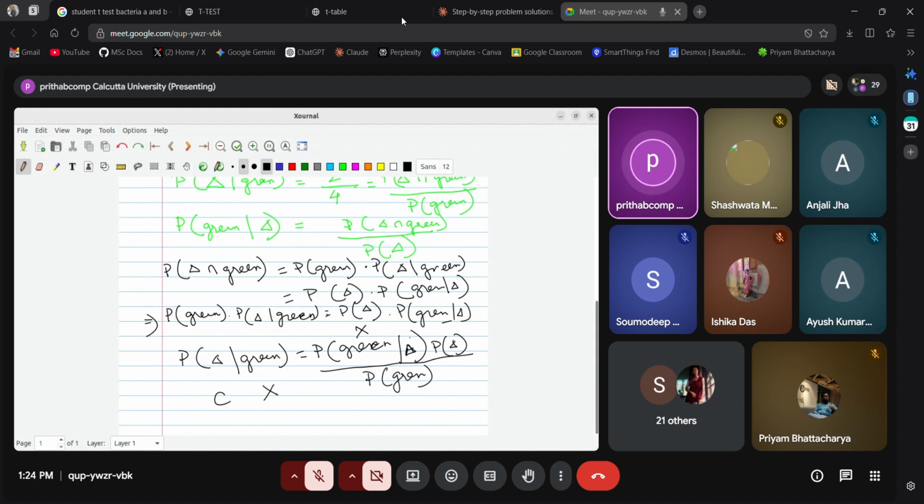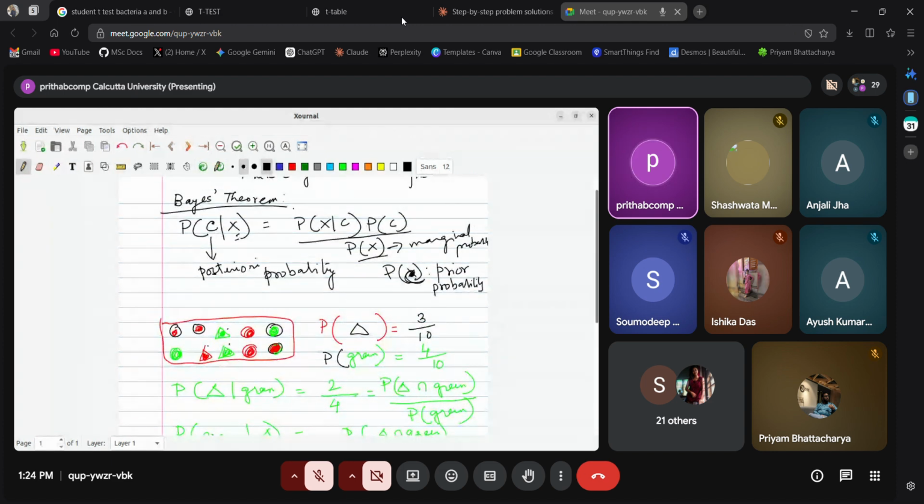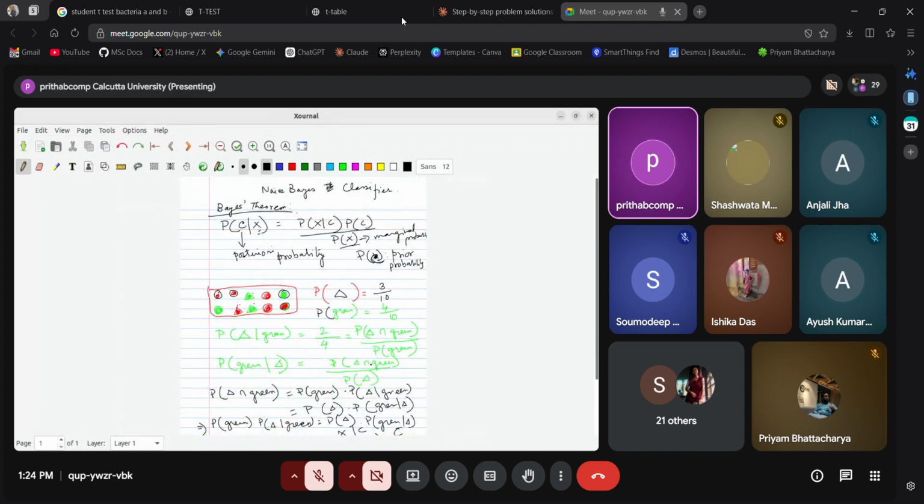Green is X, and X given C, so this is going to be C. That is what you are getting over here. See? Probability of C given X, probability of X given C. Maybe I can minimize it a little bit so that you can see this.